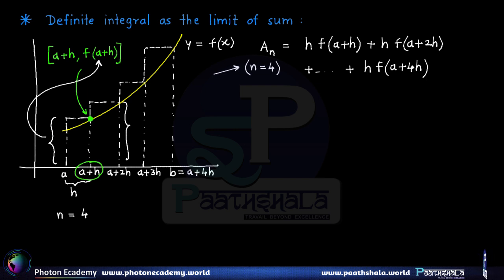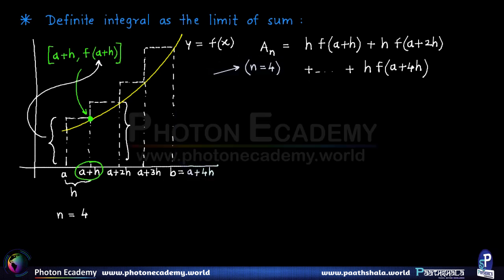Now what happens, suppose instead of 4, we increase the divisions, that is we make it 8 divisions, then it will have a slightly better approximation, because as you can imagine, let us consider the further subdivisions.